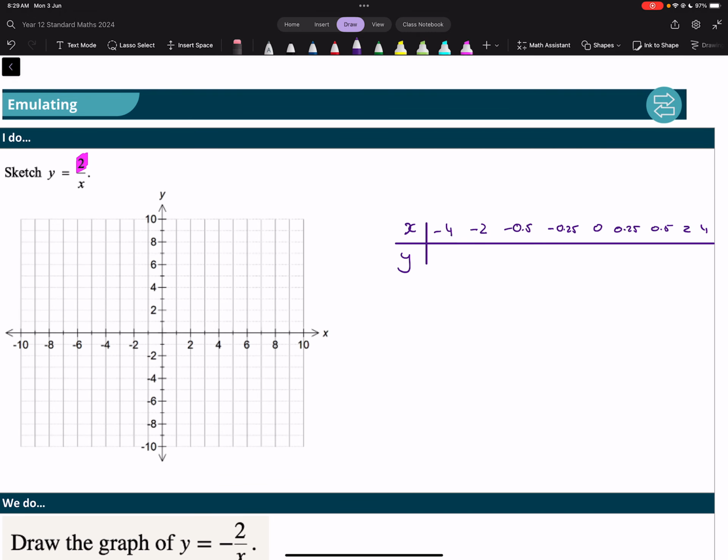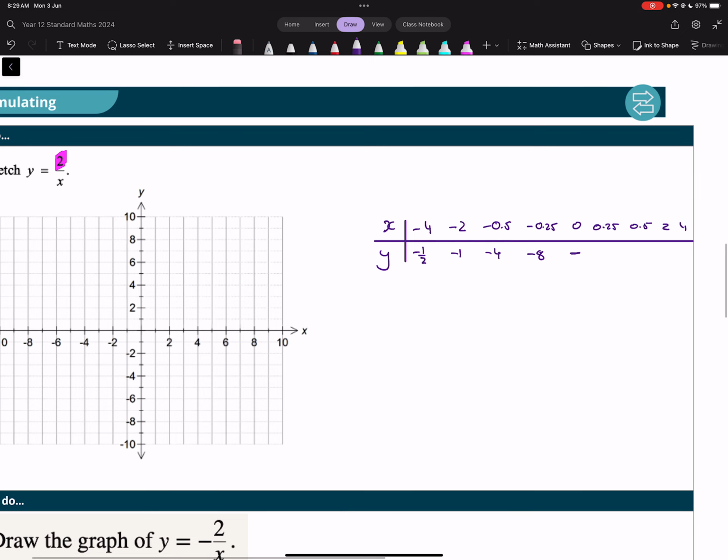So this will be a half, negative a half. You can do these in your calculator if you want. This will be -1. This will be -4, and this will be -8. There's no answer here. Feel free to type these into your calculator if you need to. You'll get the answer.